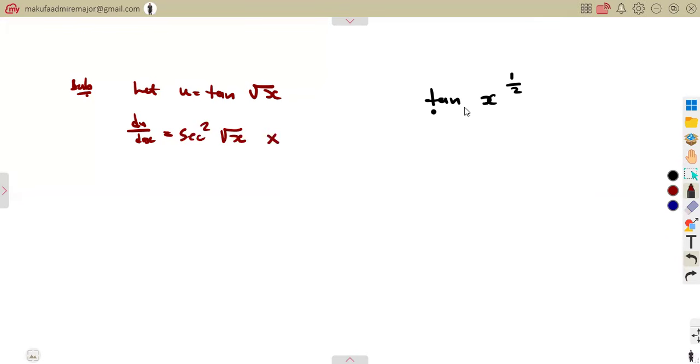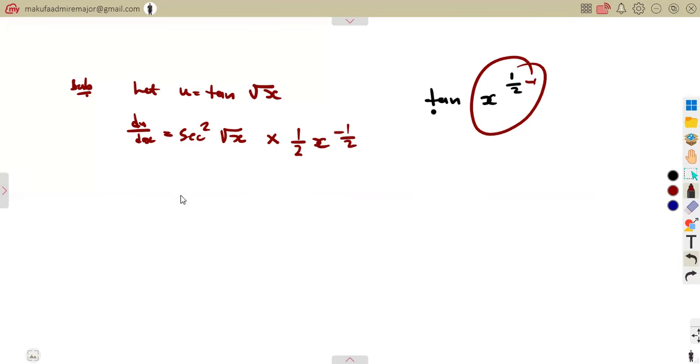But you must multiply your answer by the derivative of that function that is given there. That is where you write it this way so that you can differentiate. Remember, you drop the power, then you subtract 1, so it will be x to the exponent of minus half.